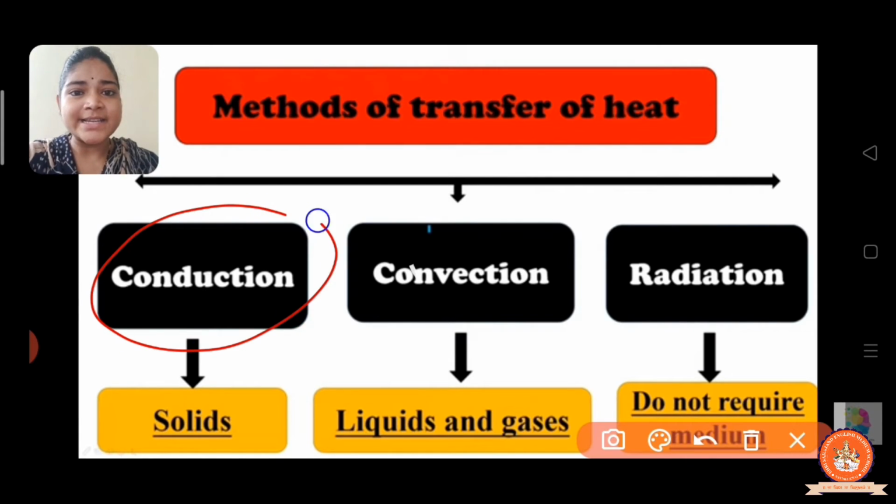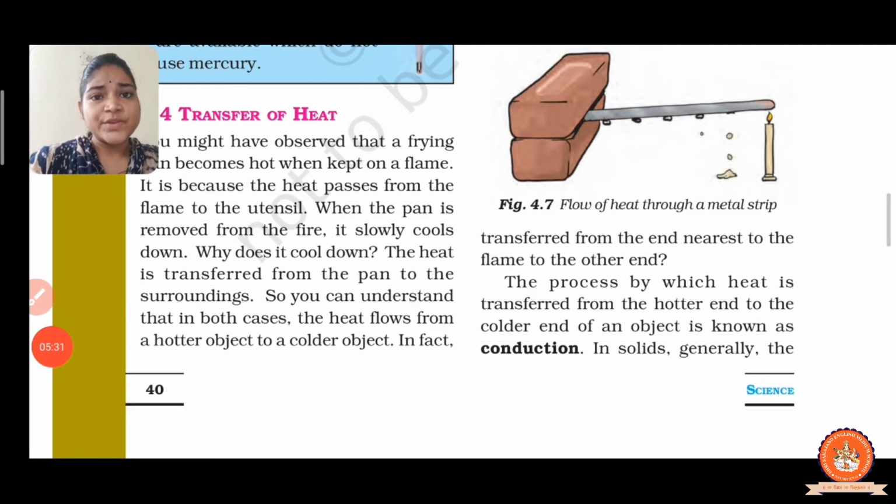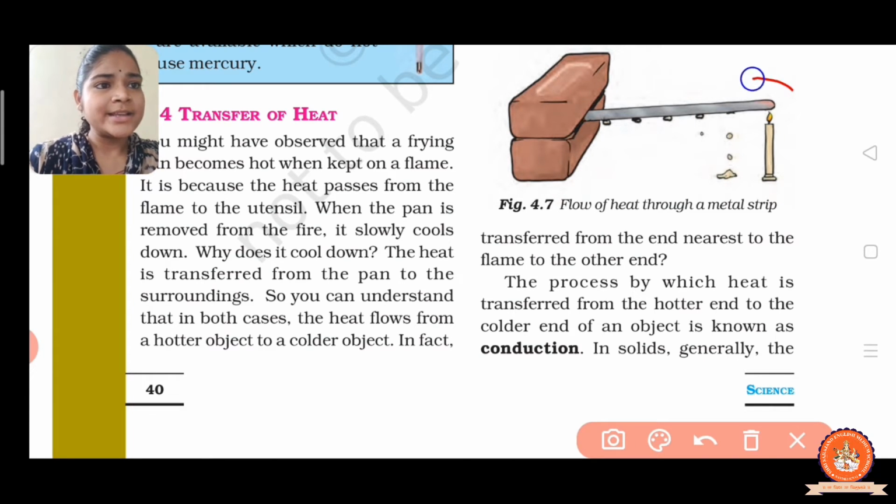First, the conduction method. Right? We just discussed that heat transfers in solids through the conduction method. Conduction means heat transfer from one object to another object, where both objects are in direct contact. So you can clearly see here the heat transfers from one object to the other. Here the candle is one object and the metal rod is the other object.